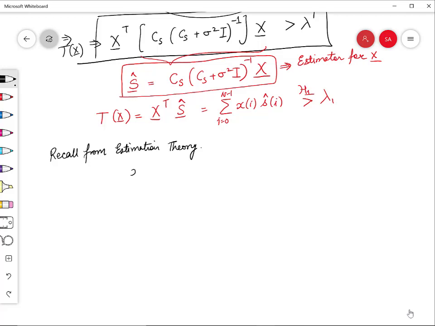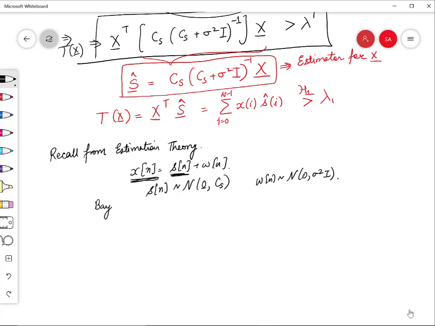if you had some signal x of n which is equal to s of n plus w of n, and we are given s of n to be Gaussian with mean 0 and variance C_s, and obviously the noise is Gaussian with mean 0 and variance sigma square I, then we know that we will use a Bayesian estimate.